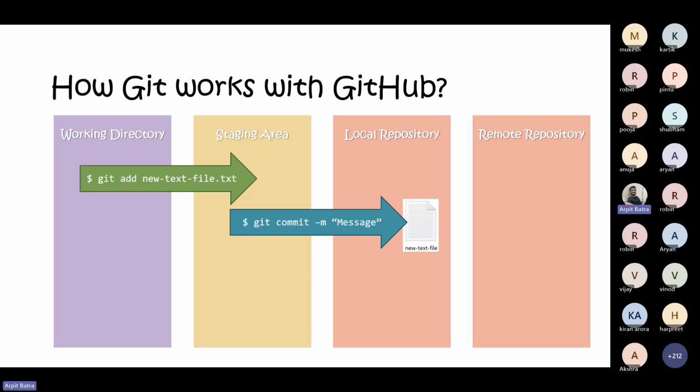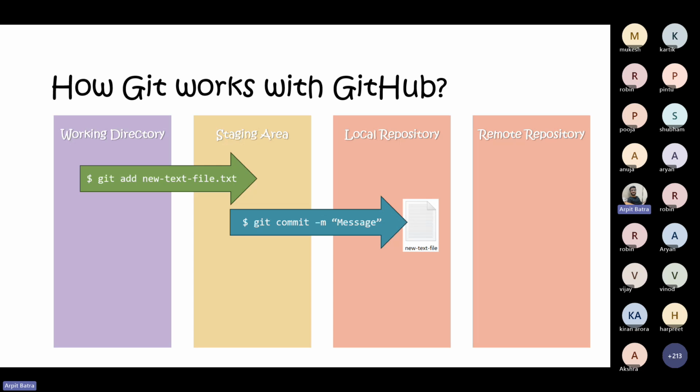In the working directory, the files you are currently working on, you can modify these files freely, and they are not yet being tracked by Git. Now we have the staging area, a temporary space where Git stores the changes before committing them.